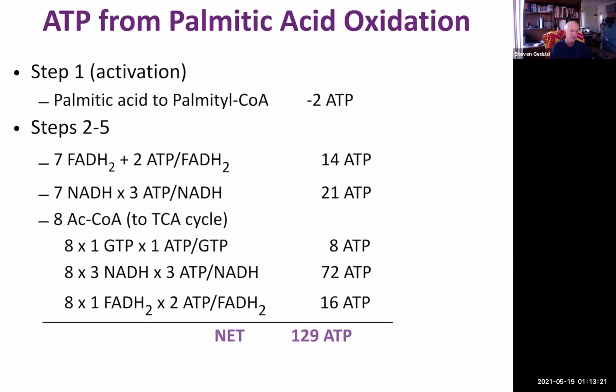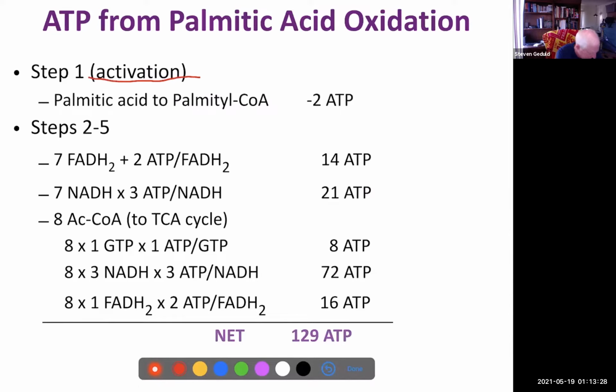All right, so this is the breakdown of what we did. The first step was activation: we added coenzyme A to make palmitoyl coenzyme A, so we subtracted 2 ATPs. Our next step is breaking it into 8 pieces, which means 7 bonds being broken.